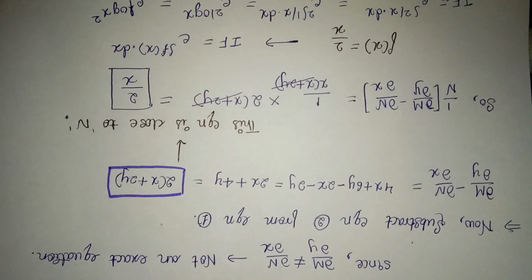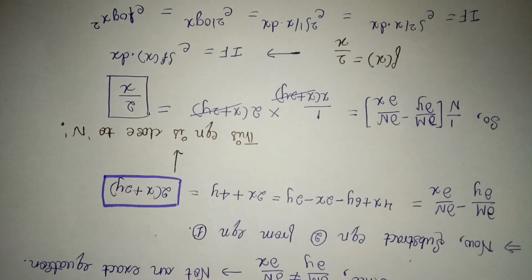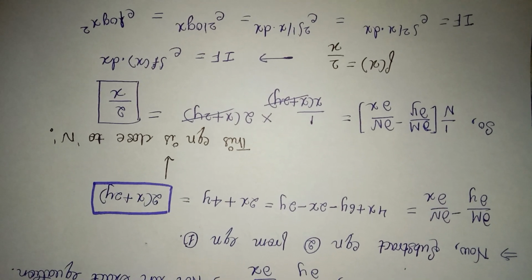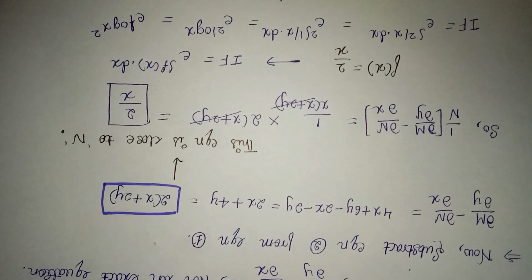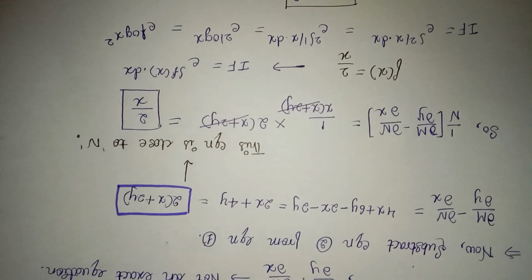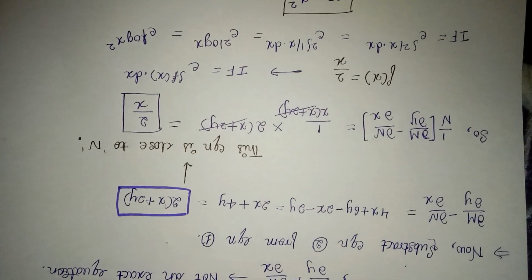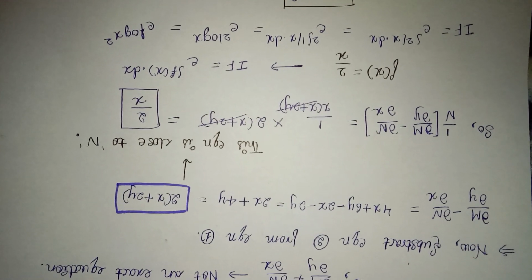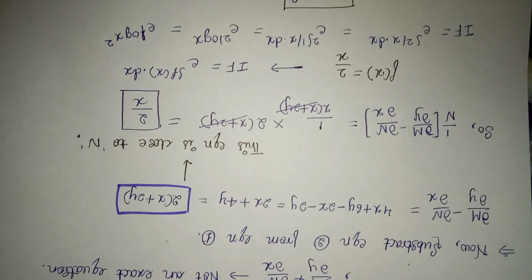So we multiply the difference by 1/N. Now x plus 2y gets cancelled. We get 2/x as f of x. As I told before, if you multiply by 1/N, we call it f of x; if you multiply by 1/M, we call it g of y.